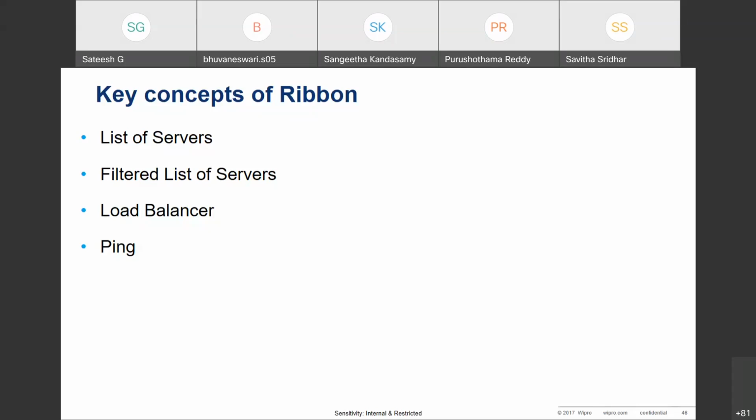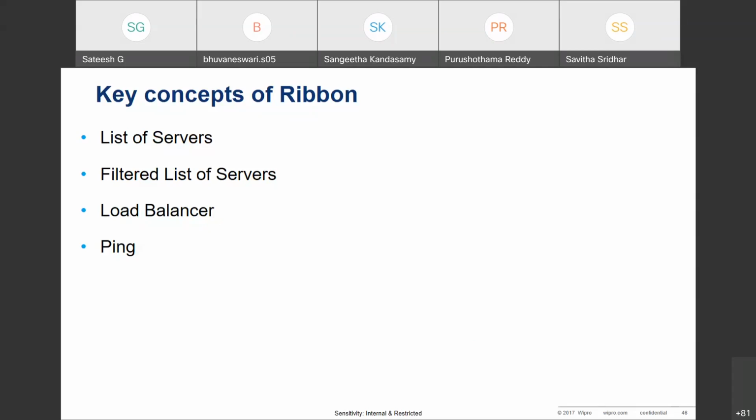Plus, you also have a facility where you should ping and check whether those instances are alive. And once they are alive, finally the load balancer component actually does the load balancing and calls the appropriate instance by choosing the best instance, isn't it? These are the key concepts of Ribbon that you need to be aware of.